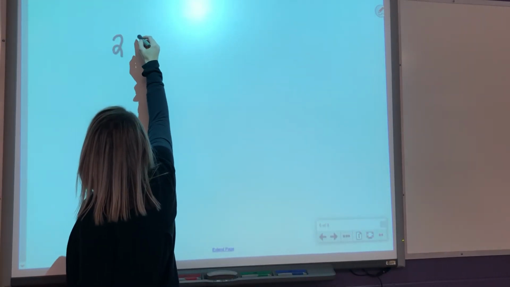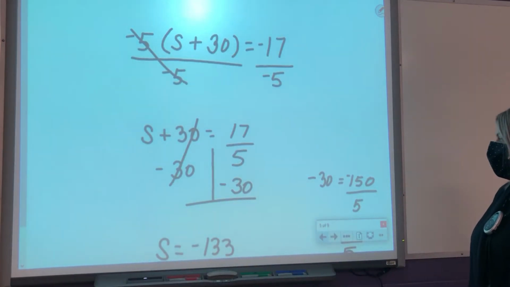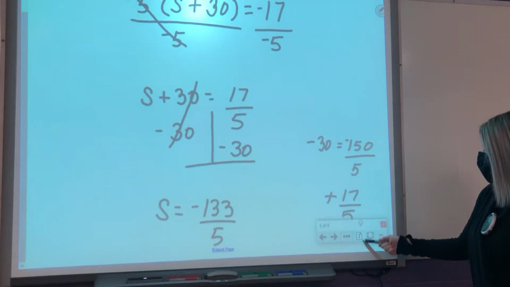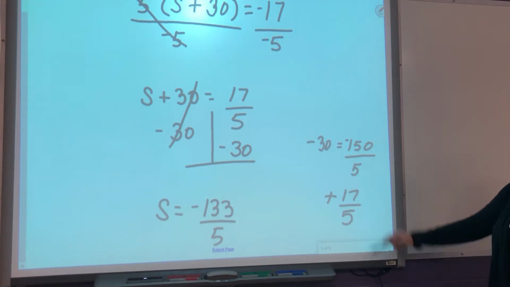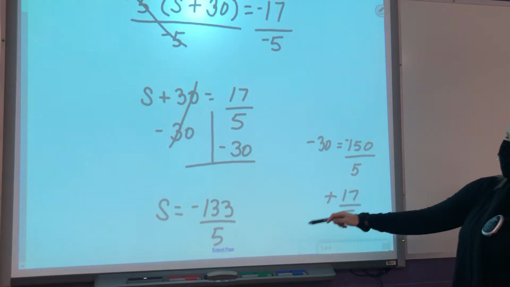Huh? What happened to the 17 though? 17 and 4, what happened to the 17? I added it. Here. Oh. Because I converted negative 30 into negative 150 over 5, and then I added these two together.